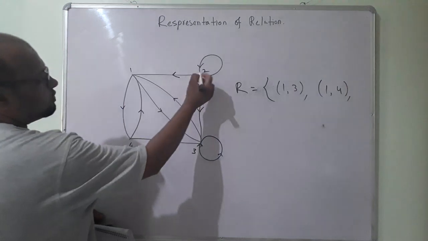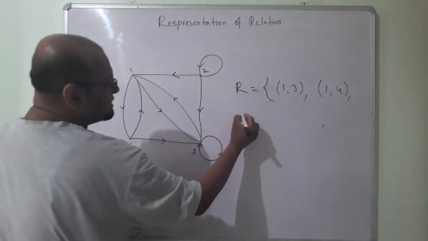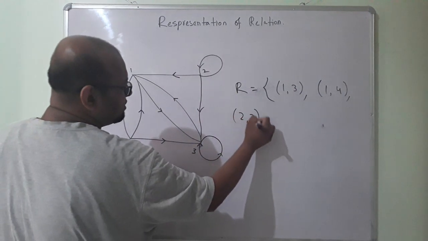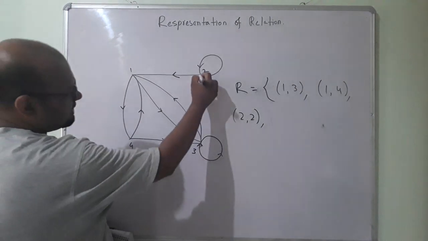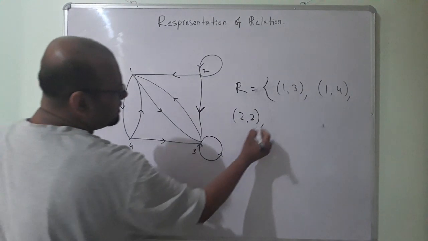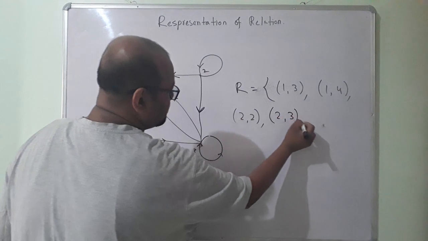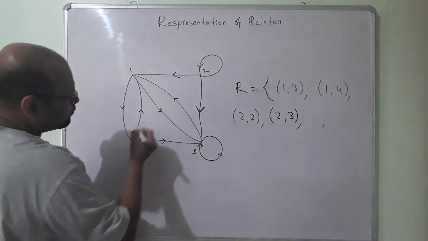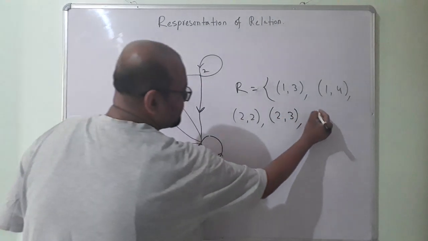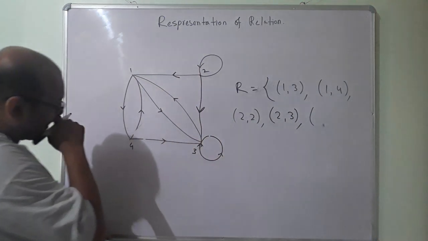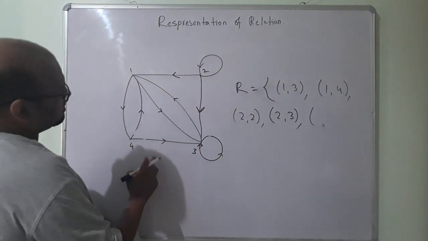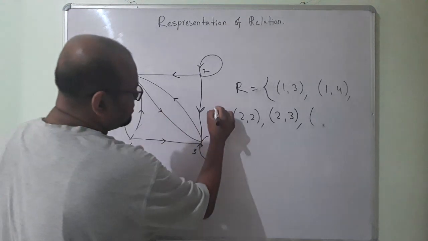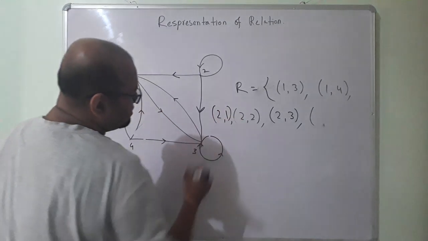Now 2 2, is it there? Yes, there is this self loop, so 2 2 is there. What about 2 3? Yeah, this edge says that 2 3 is there. What about 2 4? 2 4 is not there. Then 2 1 is there.